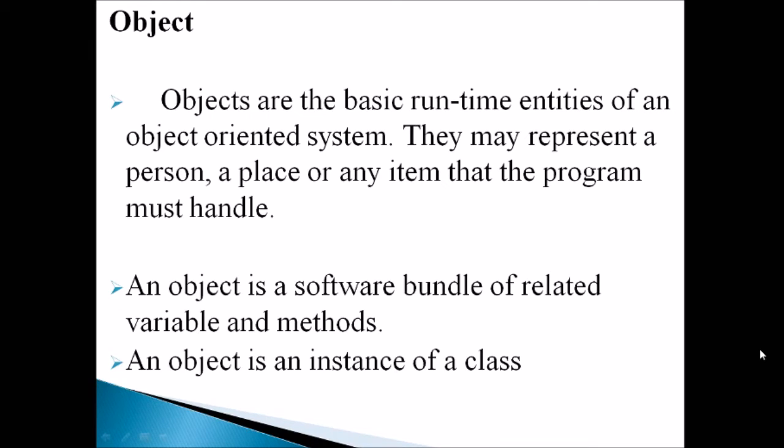An object is a software which has the bundle of related variables and methods. So the previous concept we discussed, that is class, right? The class is going to have all the variables and methods. So all those bundled things will be behind the object. So object is now going to describe all those things which are bundled under the class. So object is an instance of a class.